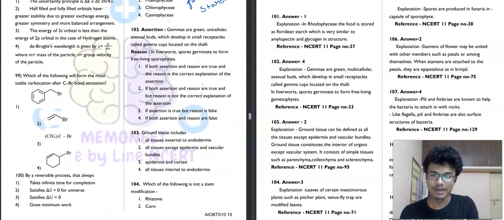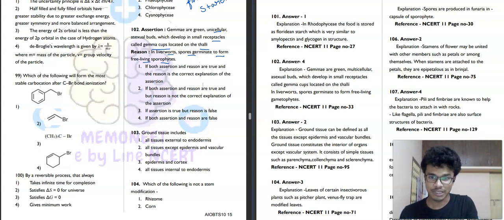Gemmae are green unicellular asexual buds which develop in small receptacles called gemma cups located on the thalli. Reason is given: in liverworts, spores germinate to form a free-living sporophyte. We have to choose between these four options.